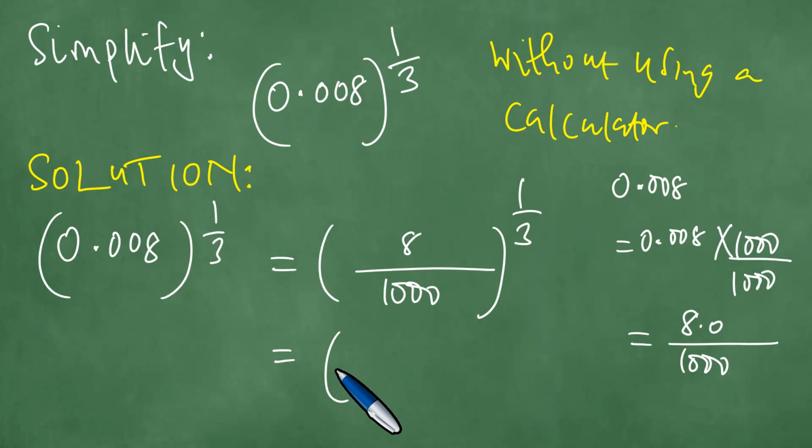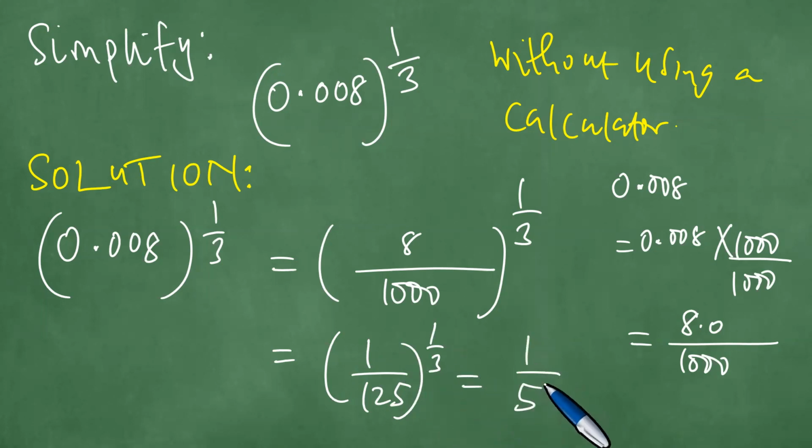What is 1,000 divided by 8? 125. It's 125, right? So this simplifies to this. 125 is 5 cubed.